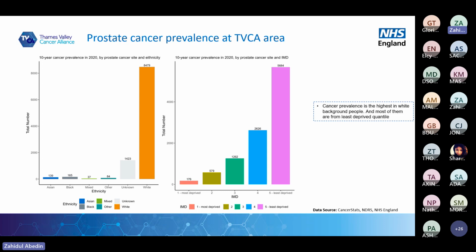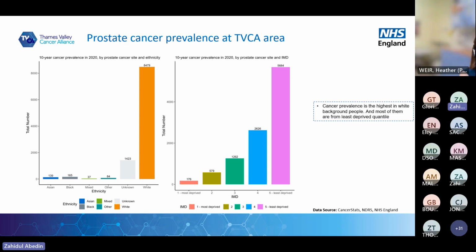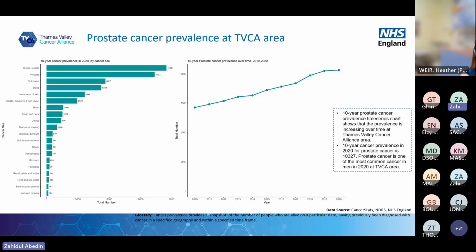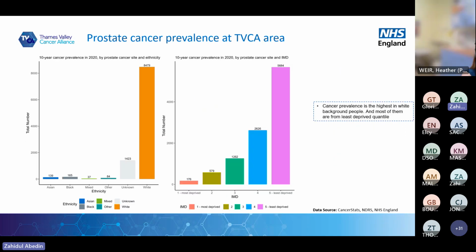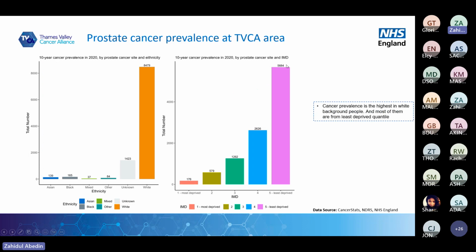The second one is the prostate cancer prevalence like this one, but broken down by ethnicity and IMD. For prostate cancer prevalence in 2020, in the left-hand figure you can see it is mostly from people of white background, and there are around 1,500 people who are unknown.